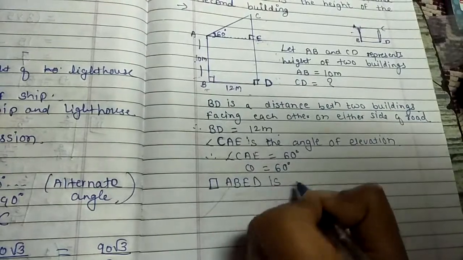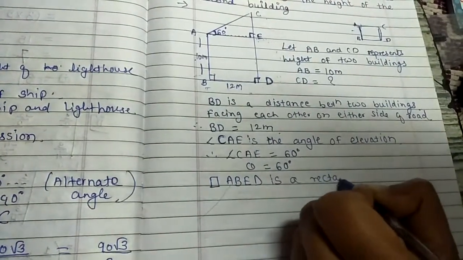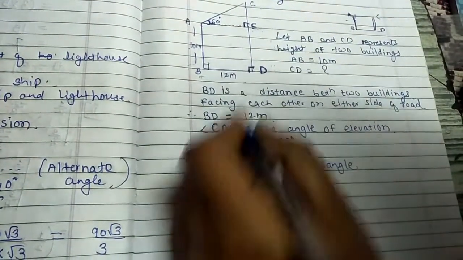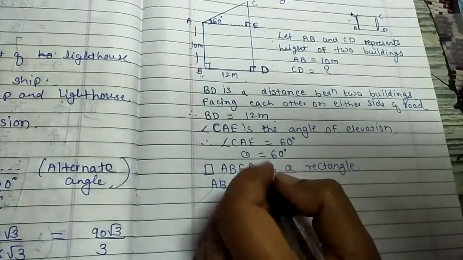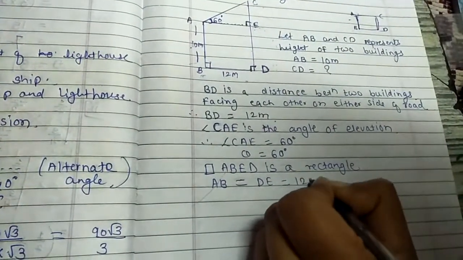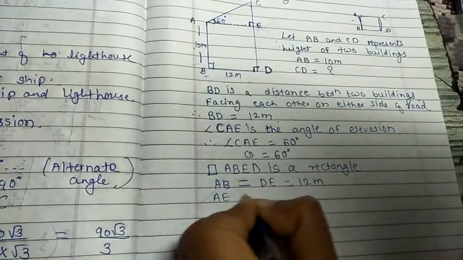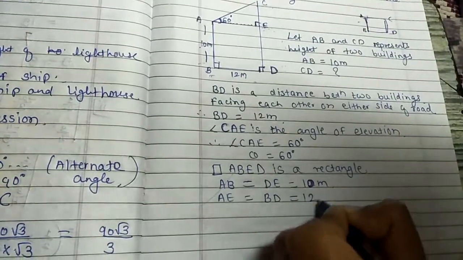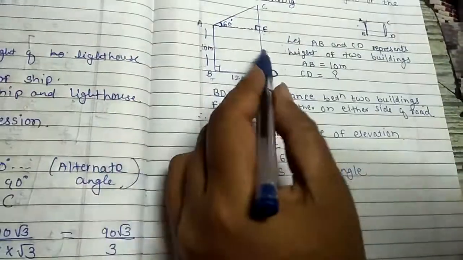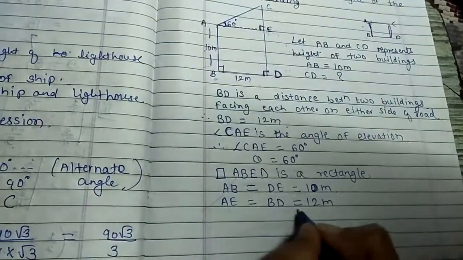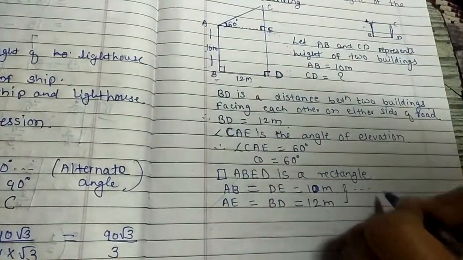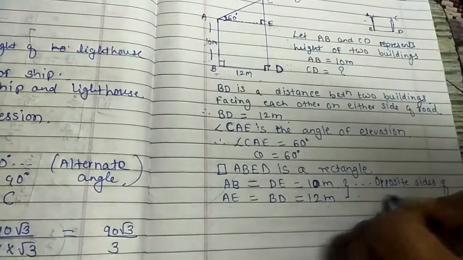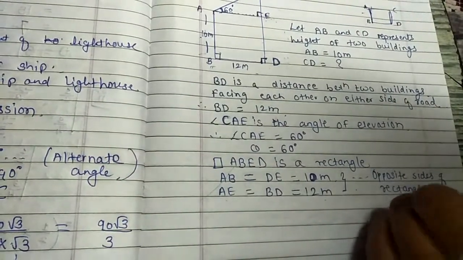Therefore AB is equal to ED is equal to 10 meter, and AE is equal to BD is equal to 12 meter, because they are opposite sides of a rectangle.